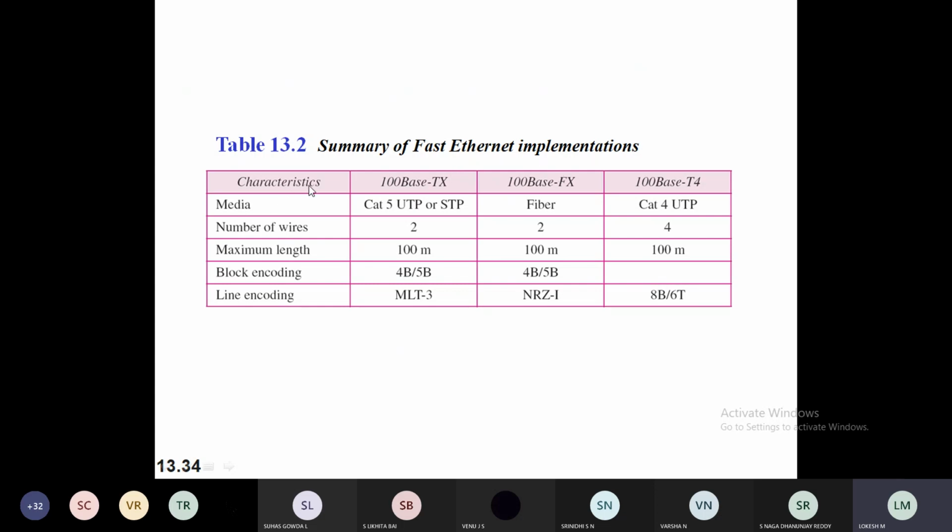Clear? And a summary of fast Ethernet implementations. We have different categories like media, number of wires, maximum length, block encoding, and line encoding, which technique we are using. Okay, all those things are called characteristics.